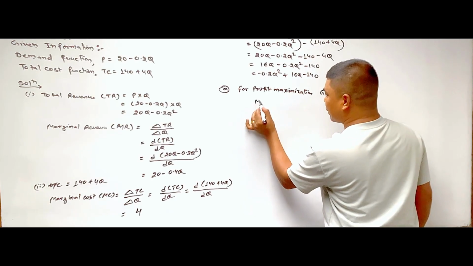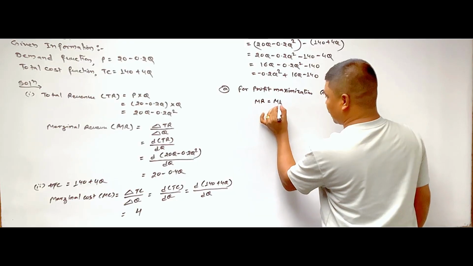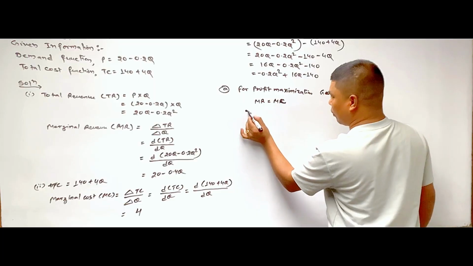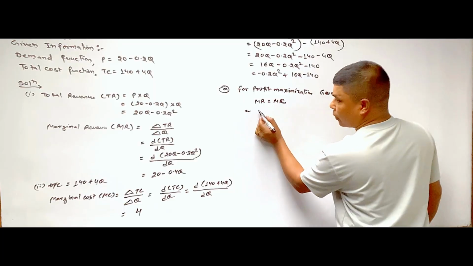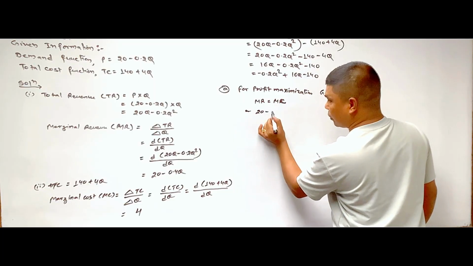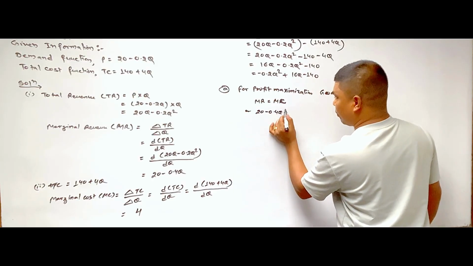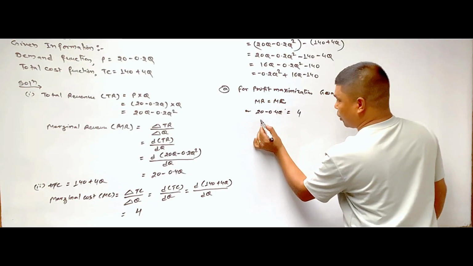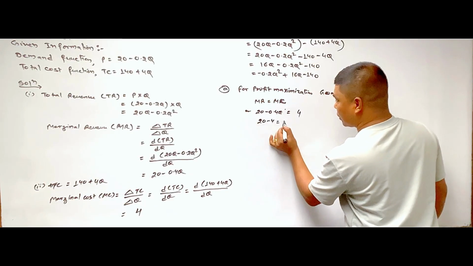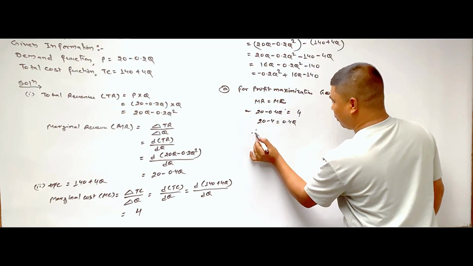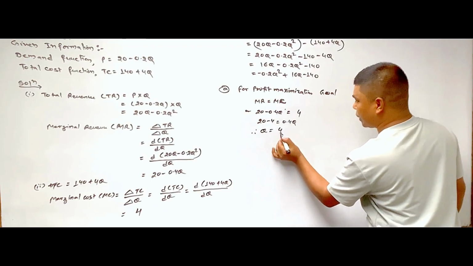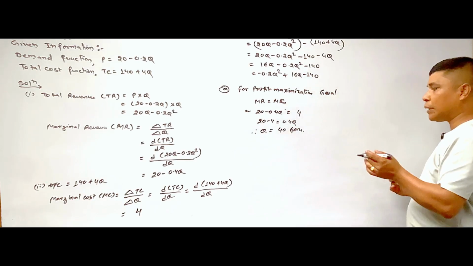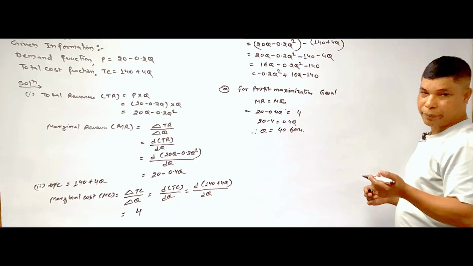That means marginal revenue equals marginal cost, or marginal revenue, 20 minus 0.4Q, equals marginal cost, 4. 20 minus 4 equals 0.4Q. Therefore, Q equals 40 units, 40 tons. In other words, at 40 tons, the firm gets maximum profit.